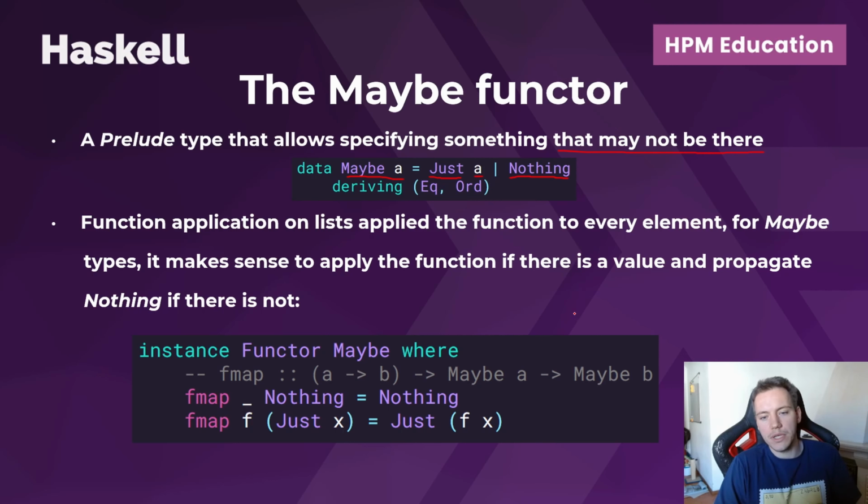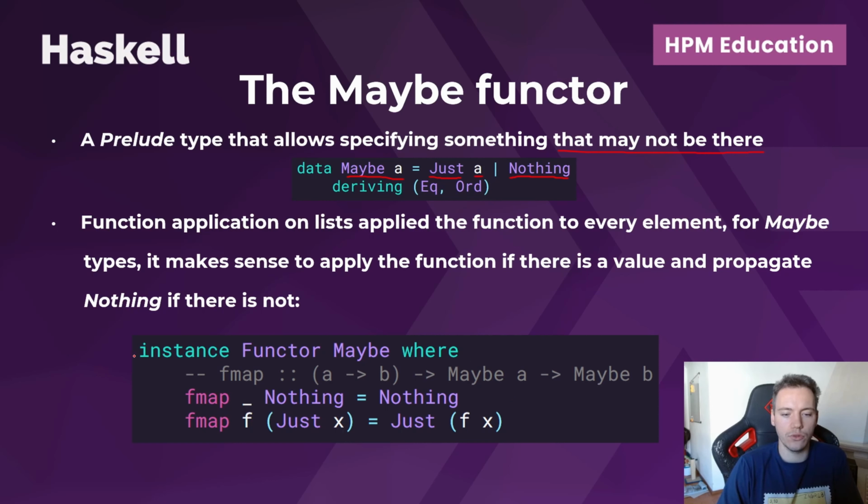So for the maybe type, when we make an instance of the Functor type class, we need to specify what fmap means for the maybe type, what function mapping means for this data structure. And of course, this is predefined in the Prelude. I'm using it as an example.